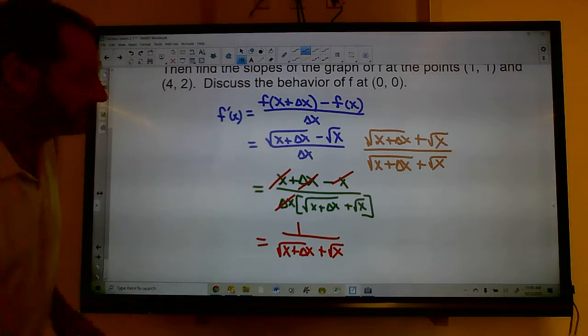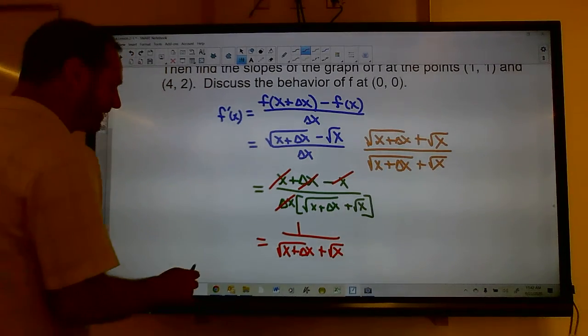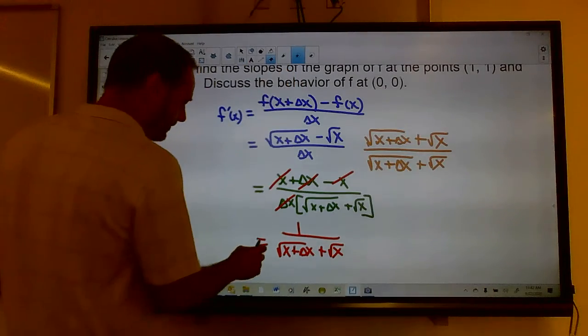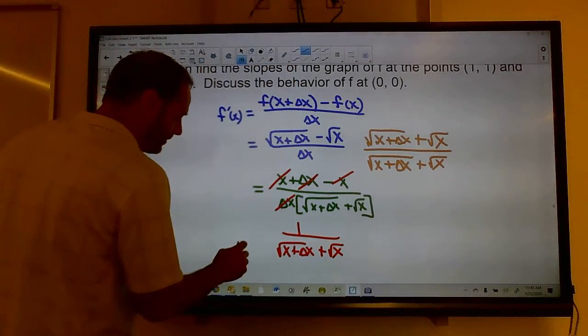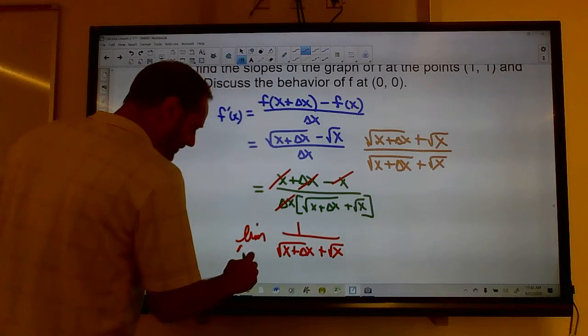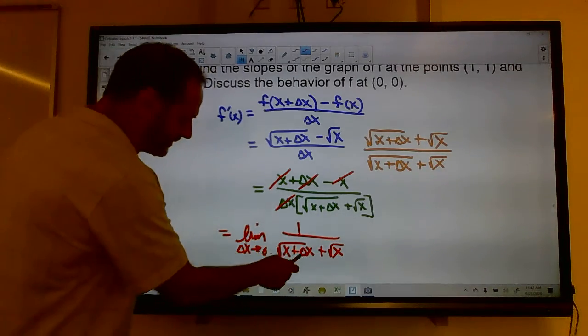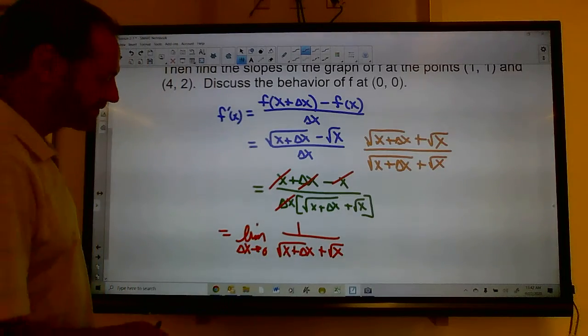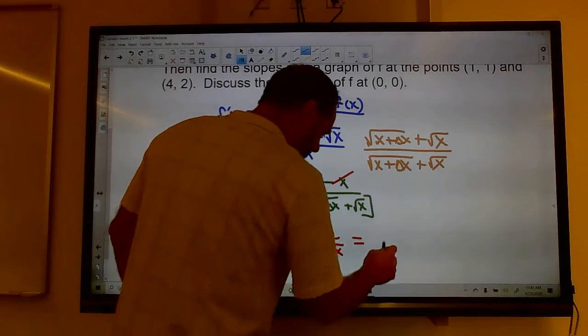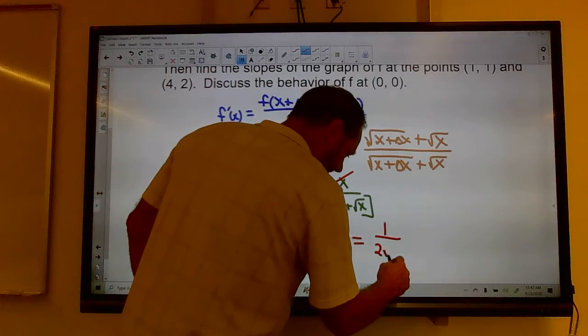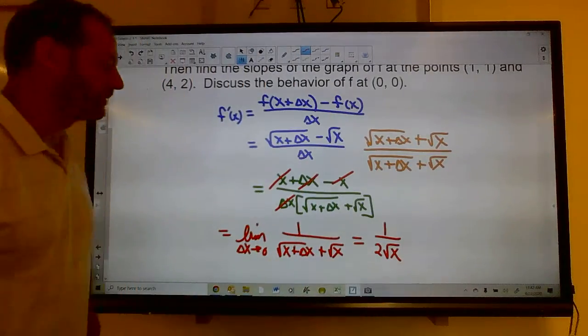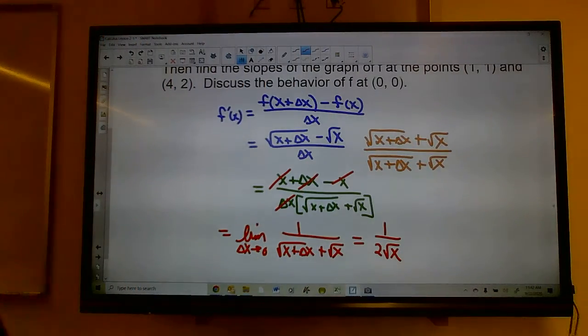Now, remember that we're taking the limit of this. We want the limit as delta x goes to 0. So as this goes to 0, this just becomes square root of x plus the square root of x. So this is 1 over 2 times the square root of x. So there's my slope.